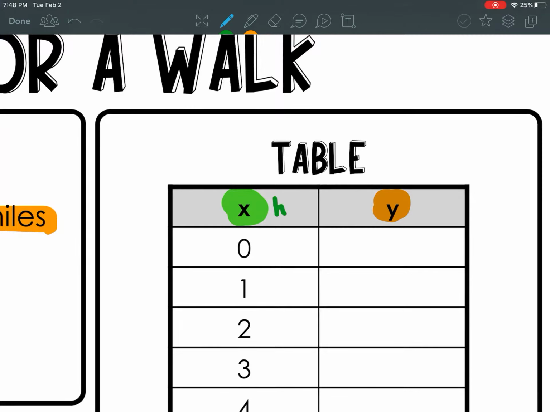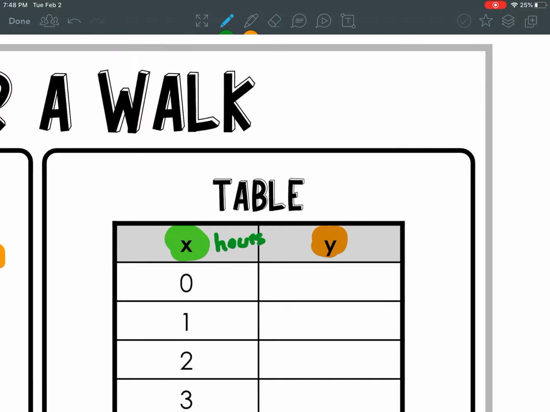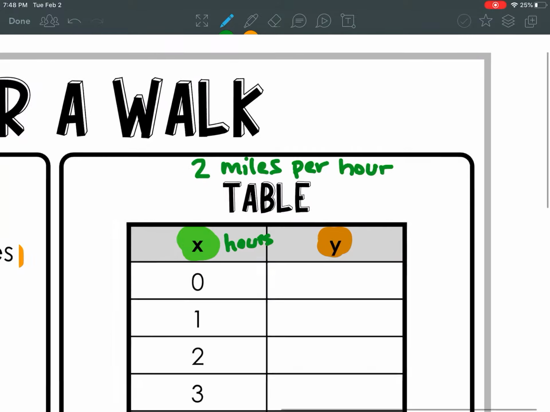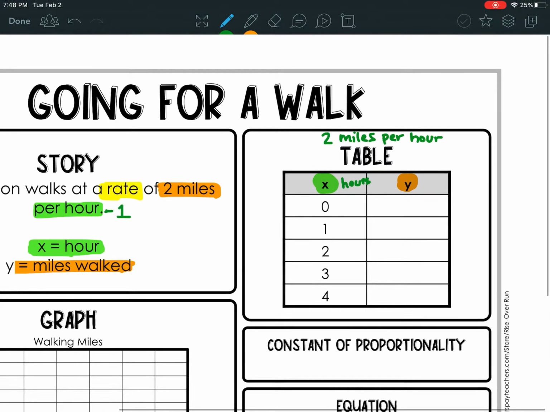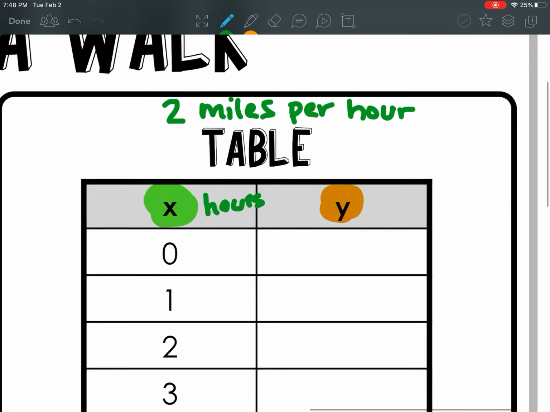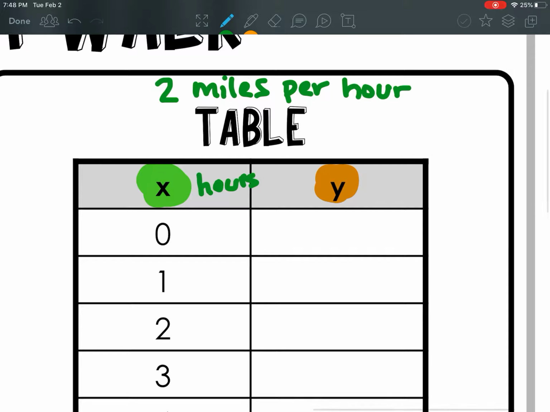All right, so let's look over here and create a table first. So X, remember, is our number of hours. So we were told that Miss Johnson walks 2 miles per hour. So I'm just writing out what we already know. Now, if we have gone 0 hours, how many miles has Miss Johnson walked?